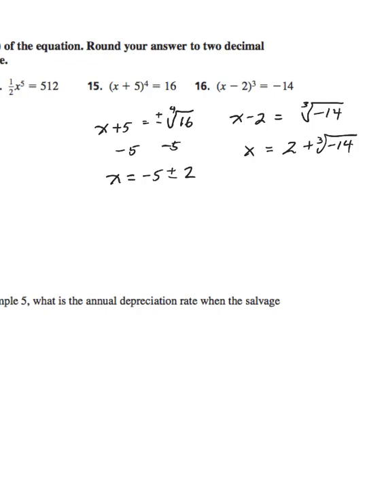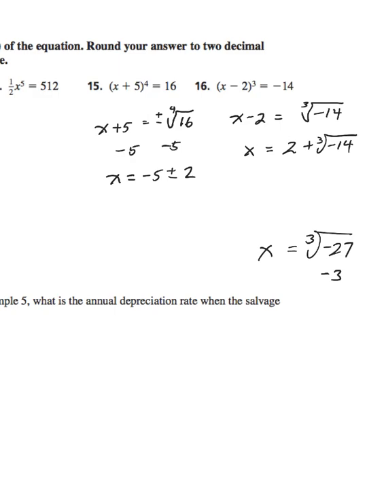We can take the cube root of a negative. If x is equal to the cube root of negative 27, what is it? Because it's odd, it's negative 3.